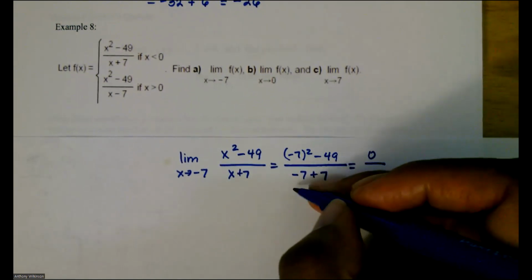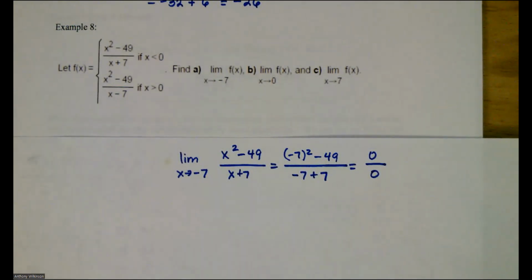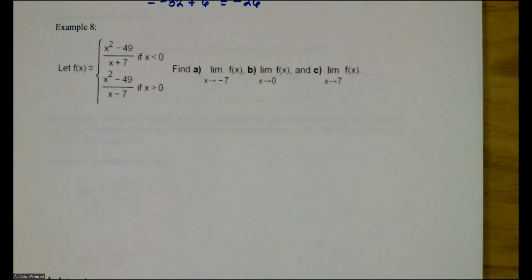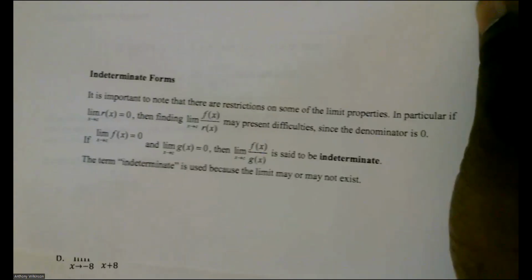The denominator, negative 7 plus 7, is 0. Notice what I have here. The numerator and the denominator are 0. So using direct substitution here would not work because I have a 0 in the numerator and a 0 in the denominator. This is what we call, as you look at the bottom of this sheet, indeterminate form.